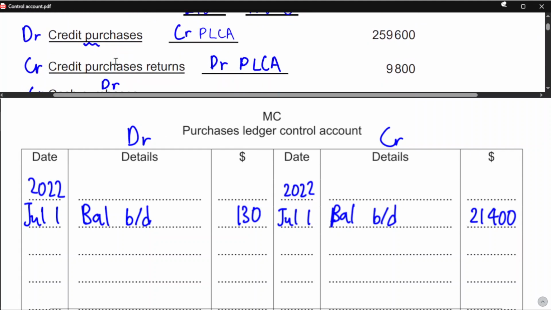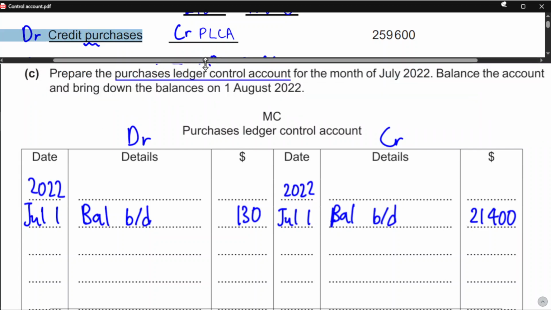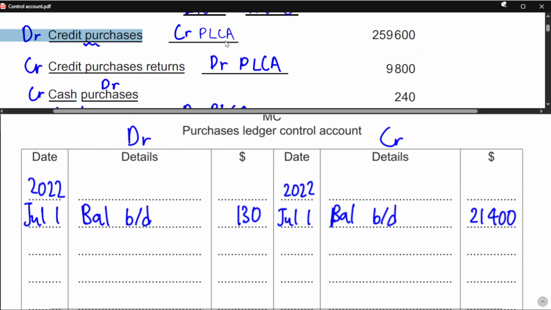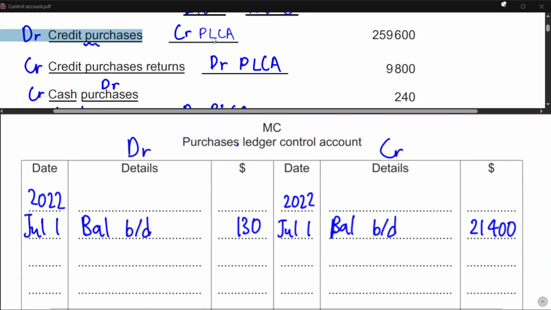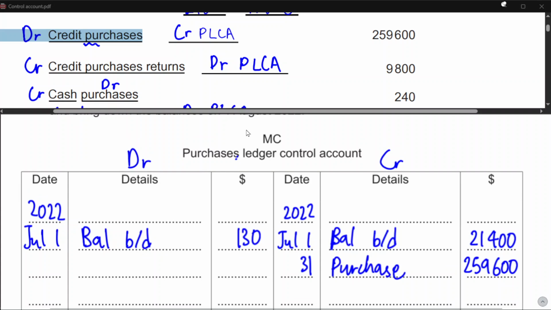So this line is something credit PLCA. So PLCA here, right? Go to PLCA, credit purchase. This one, credit purchase. Okay. Yeah, I better write down the short form here.